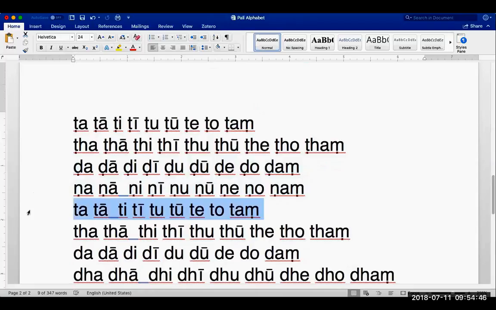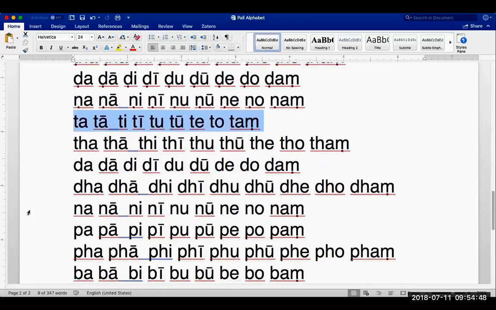Ta, ta, ti, ti, tu, tu, te, to, tang. Da, da, di, di, du, du, de, do, dang.